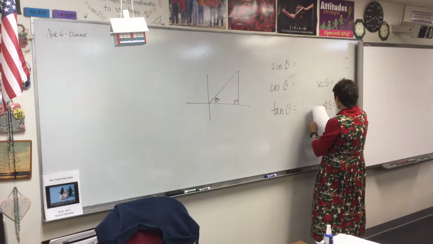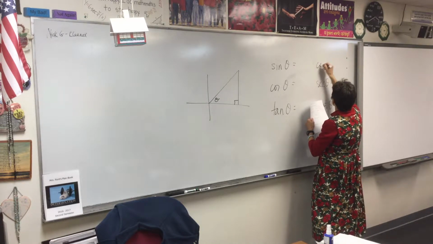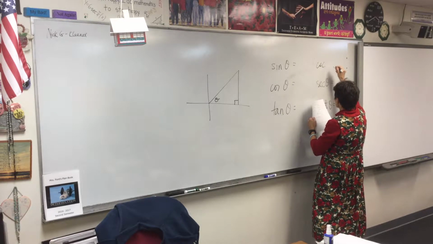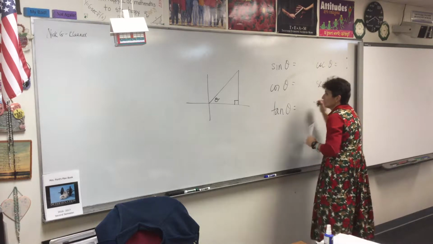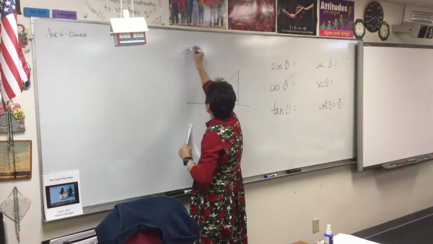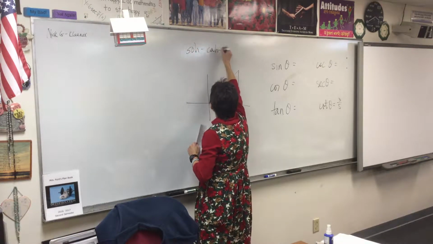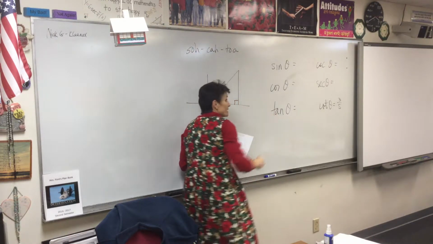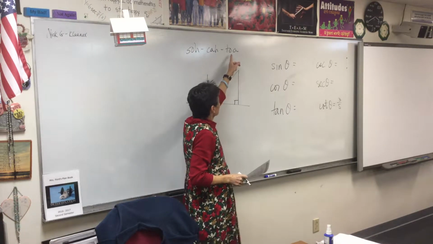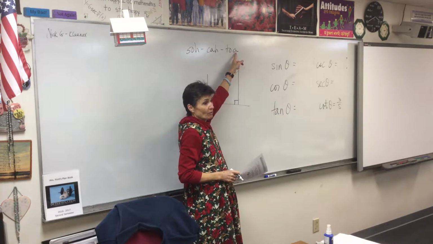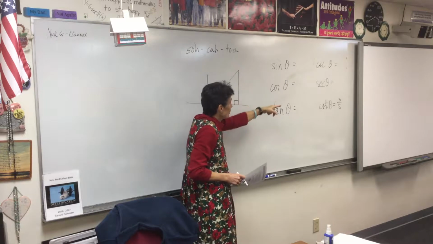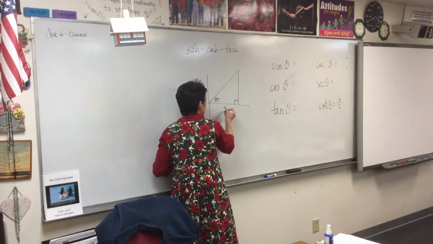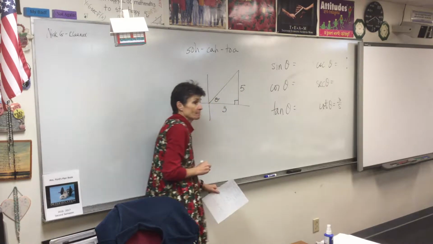What is the definition of cotangent? Adjacent over opposite. Some of you are writing this at the top of your paper, and I think that's awesome, because that reminds us that the tangent is opposite over adjacent. So cotangent must be adjacent over opposite.